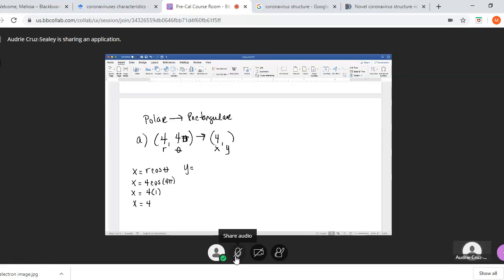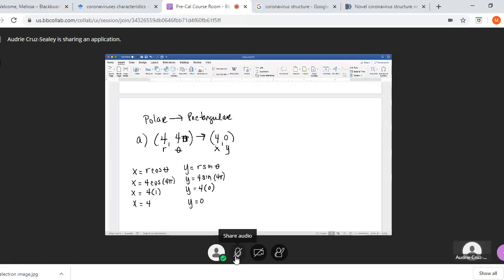y is equal to r sine theta. So y is equal to 4 sine of 4 pi. Sine of 4 pi is 0. So y equals 0.